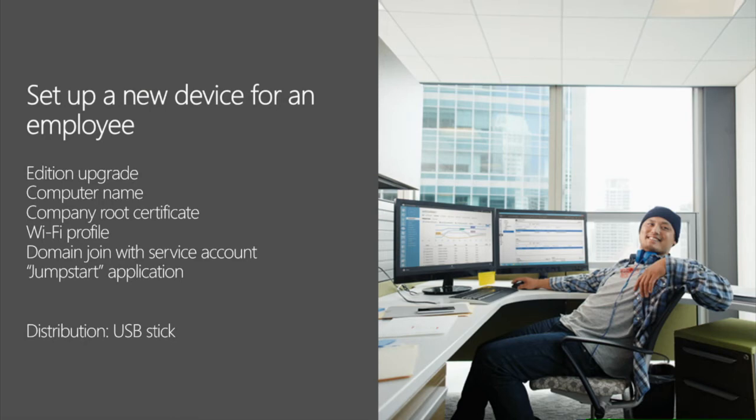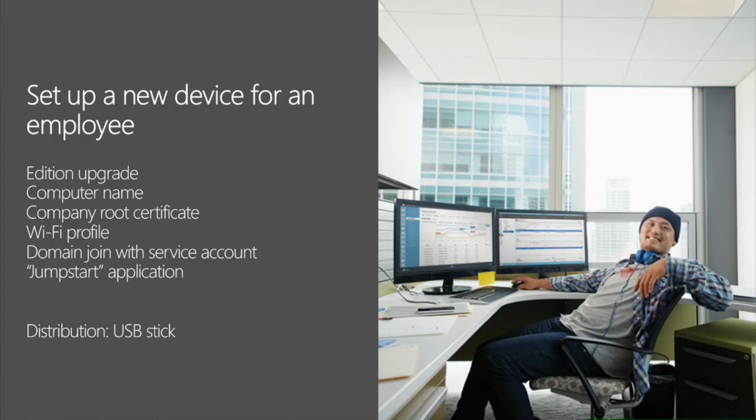Such a package would include edition upgrade, setting up a computer name, company root certificate probably, Wi-Fi, domain join with service account, or MDM if this is what your company uses, and then some sort of a jumpstart application that the employee can use to decide what additional applications he needs to install, unless you want to be very explicit and provision specific applications onto this device. The distribution mechanism can be a USB stick.